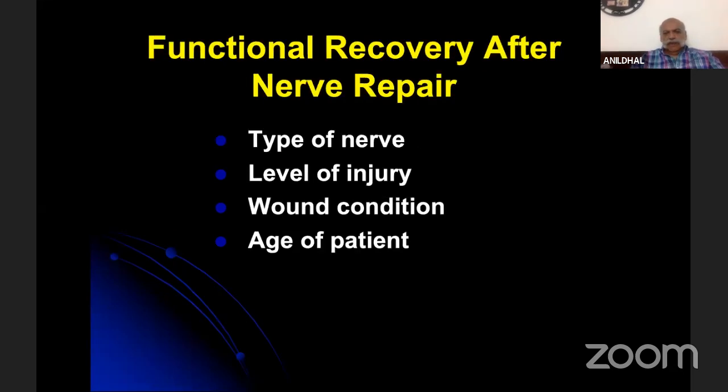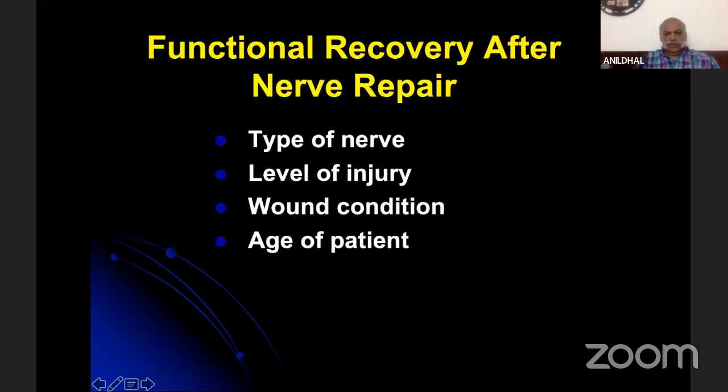What to expect after a nerve repair surgery? Well, this is dependent on several factors. First and foremost, what is the type of nerve which has been repaired? Is it a purely motor or sensory nerve, or is it a mixed nerve? If it is a mixed nerve, there is always a chance of motor to sensory and sensory to motor anastomosis due to a sort of rotational malalignment, and the result is likely to be suboptimal.